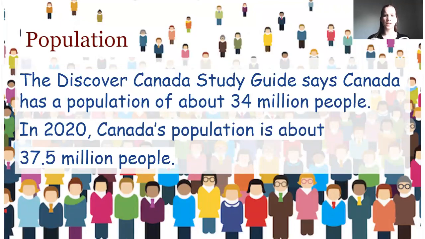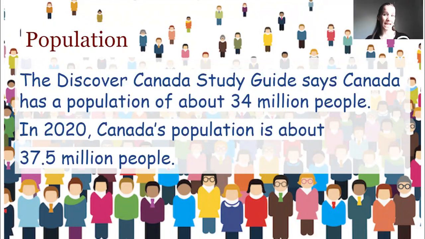Population. What is population? Population is how many people live in a country. People, population. Population, people. Easy. Now I will read. The Discover Canada Study Guide says Canada has a population of about 34 million people. So in this book, 34 million people.